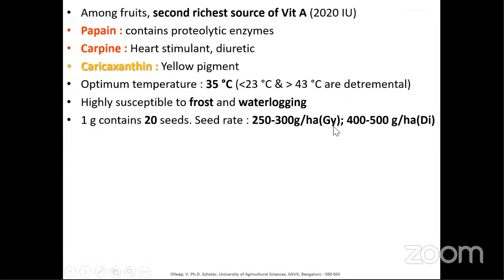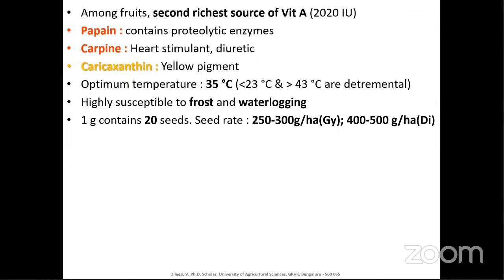For gynodioecious varieties, gynodioecious means female and also hermaphrodite. Here 250 to 300, there 400 to 500, almost double. You have to remember this. For dioecious varieties, the seed rate is almost double. After flowering we will come to know whether it is a male or female plant, and then we have to rogue out the male plants, keeping only 10%.